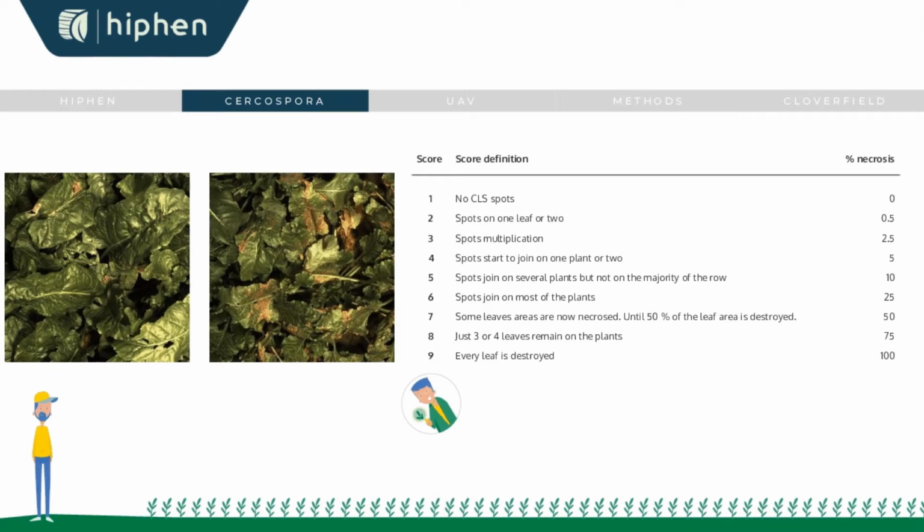We have a scale from 1 to 9, coming from the experts in the field, and they give us an indication of the impact that the disease had on the plant. The job that we try to achieve at Hiphen is to convert the experts' visual score into a quantitative and objective indicator.